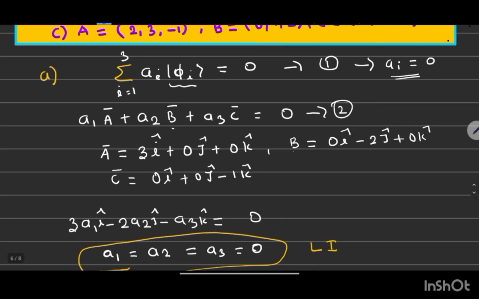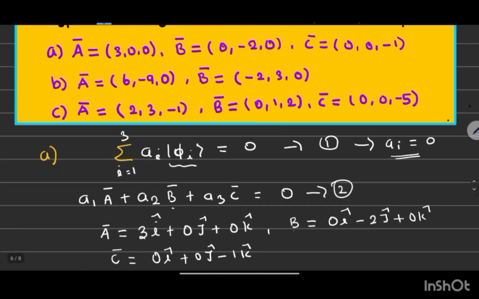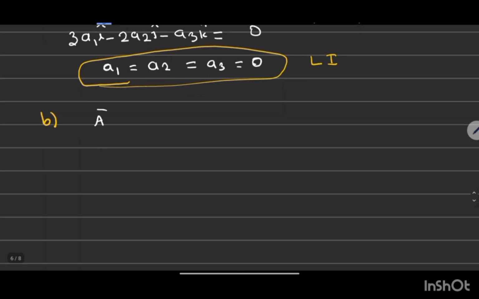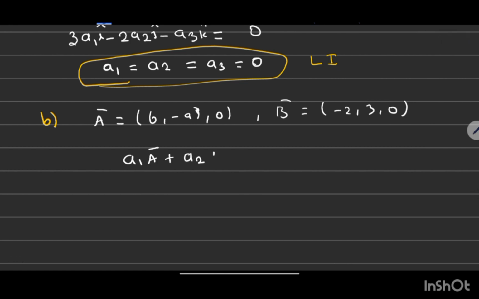Here only two vectors are given: 6 minus 9, and minus 2 3. Frame such an equation like we formed in the first question: a1 times A vector plus a2 times B vector has to be equal to 0.